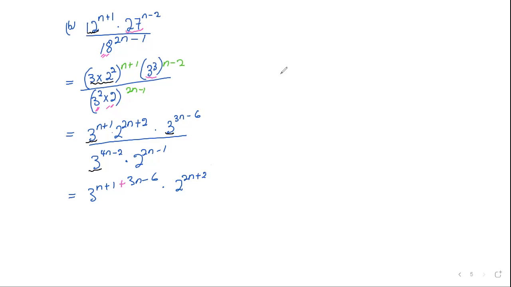Take this up. If we divide, we subtract 2n minus 1 on the bottom. We haven't forgotten that 3, 4n minus 2. If we add up there, this is 4n minus 5.